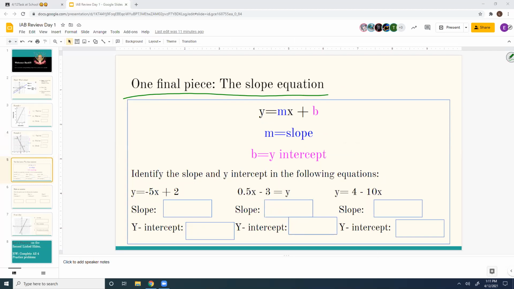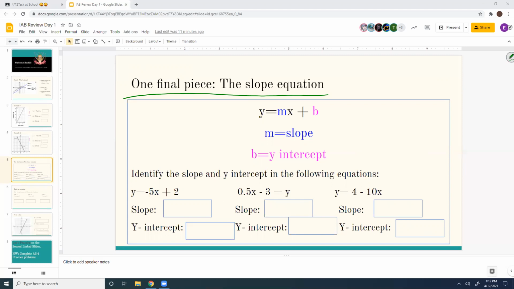We use this form, y equals mx plus b. And what did we say that m represented in the equation? Elizabeth? The slope. What's another word or phrase for slope?